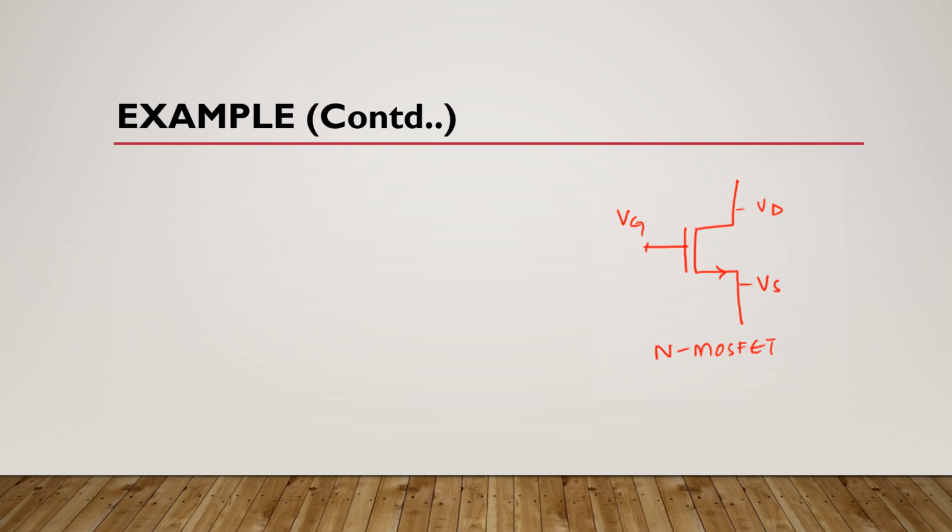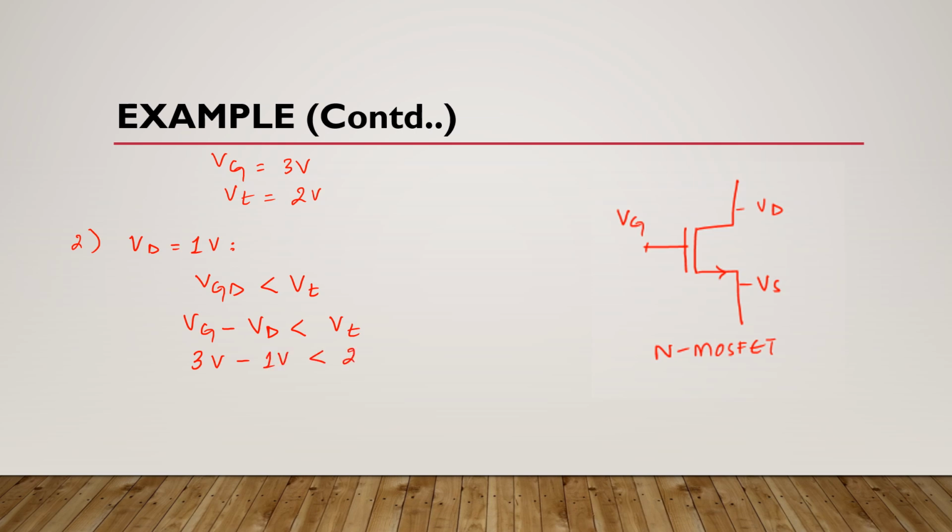Now for the same values of gate voltage and threshold voltage, if VD is 1 volt, then what is the mode of operation of the transistor here? Again, we know that in saturation region, the gate to drain voltage is less than threshold voltage, which is gate voltage minus drain voltage less than threshold voltage. Here gate voltage is 3 volts, drain voltage is 1 volt, and threshold voltage is 2 volts.